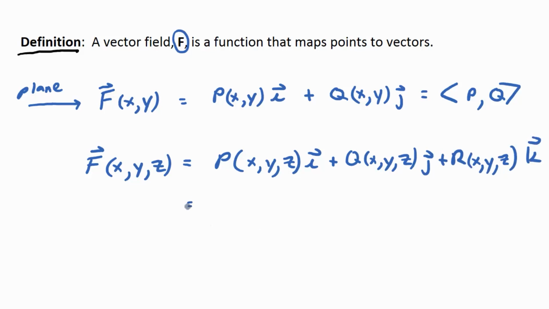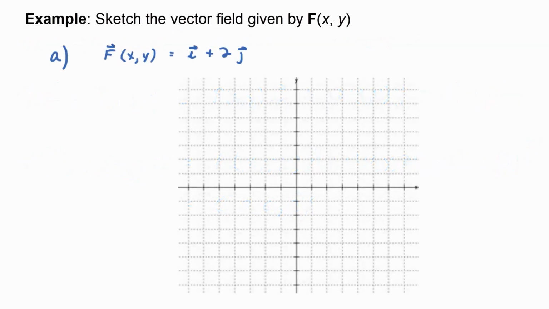Or sometimes we like to go back to component form and just keep it simple: P, Q, R, with the understanding that P, Q, and R are functions of the input variables x, y, and z. Okay, so this would be a vector field in space. So let's look at a few examples, and in fact, we're going to graph a few examples.